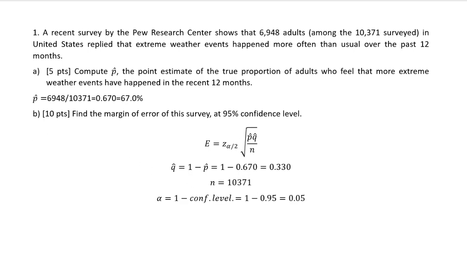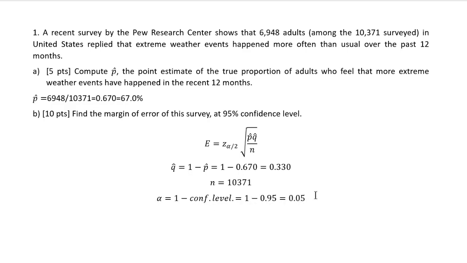And what requires a little bit more work is this Z alpha over 2. And it's done as follows. First, you have to find the value of alpha level, or it's also called significance level. Significance level is 1 minus the confidence level, and because we have 95% confidence level, it must be 1 minus 0.95, which is 0.05.